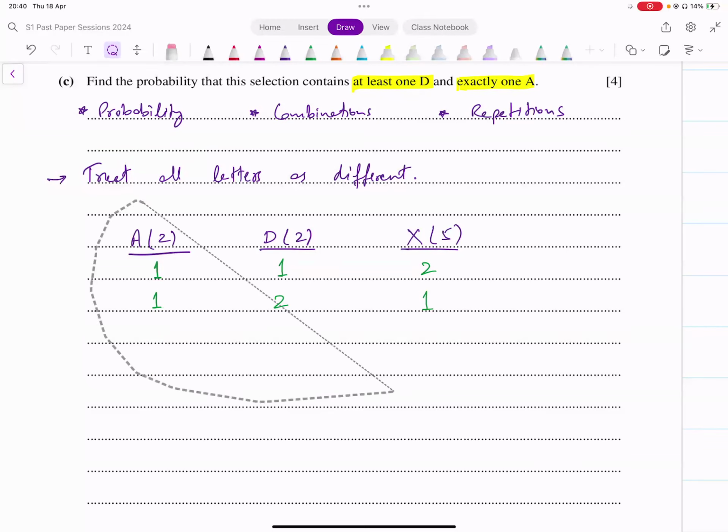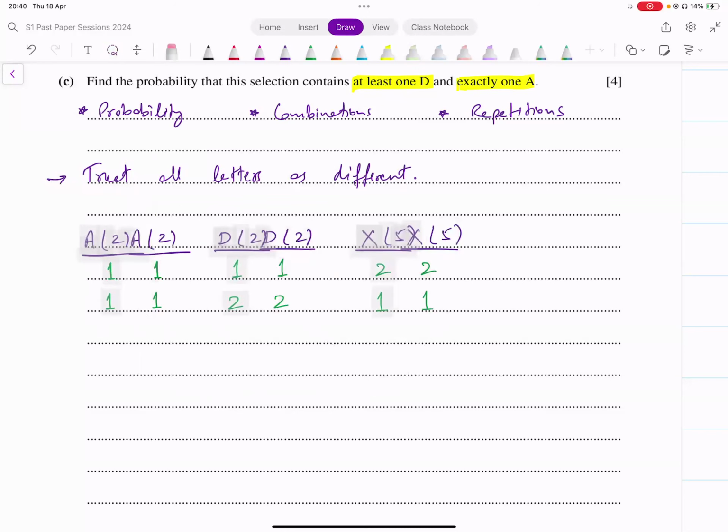Now, in how many ways can you do this? For the first case, you are selecting 1 out of 2 A's, so that's 2C1. Remember, we are treating the letters as different. That's why we are saying 2C1. Otherwise, if the A's are identical, it does not matter which A we choose, right?